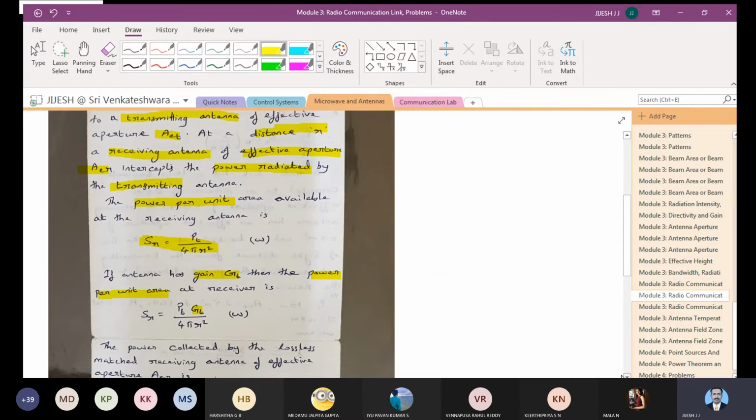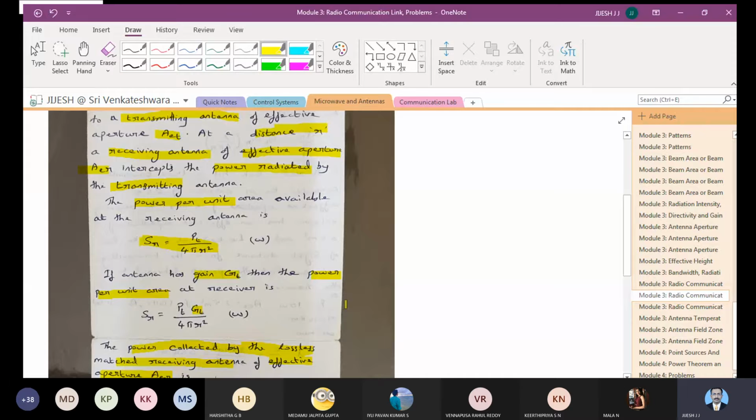So we are going to enhance the equation, that is the power collected by the lossless matched receiving antenna. The effective aperture is given to you as AER. Already in the figure we have seen AER is the effective aperture of the receiving antenna.